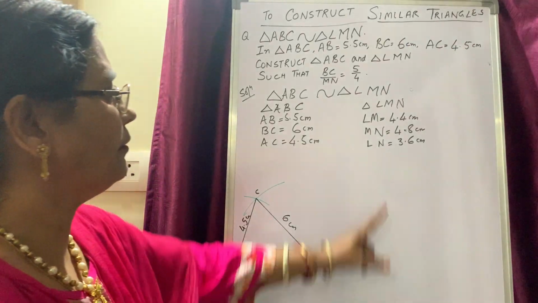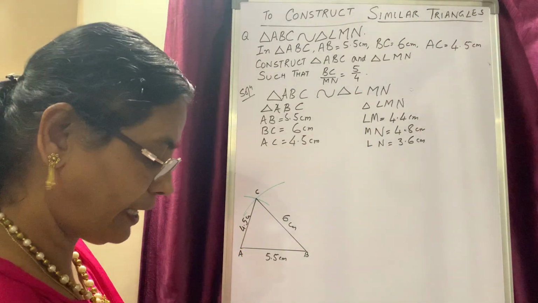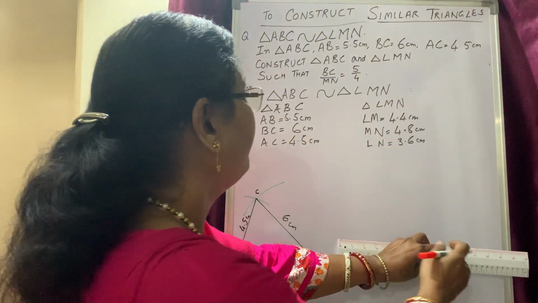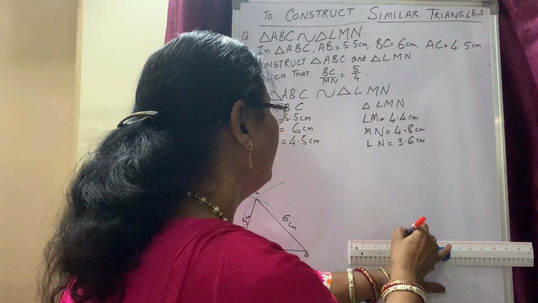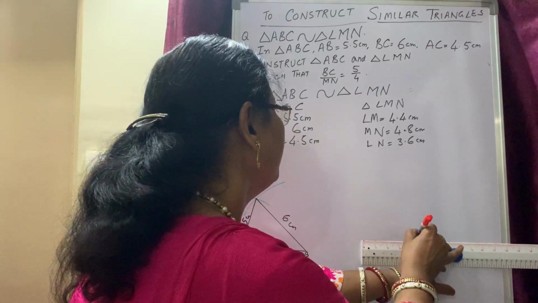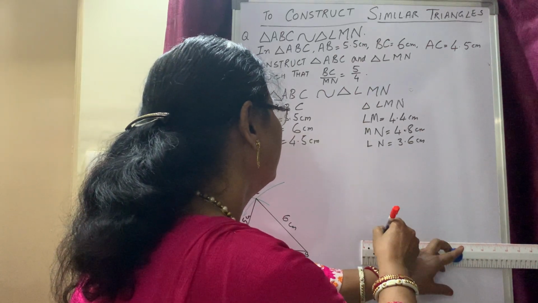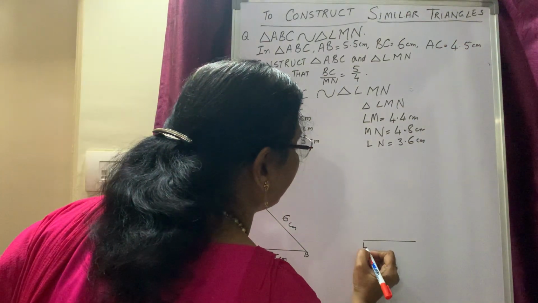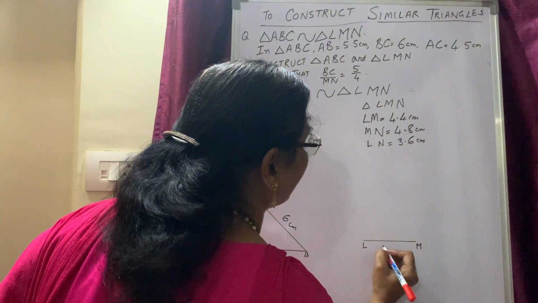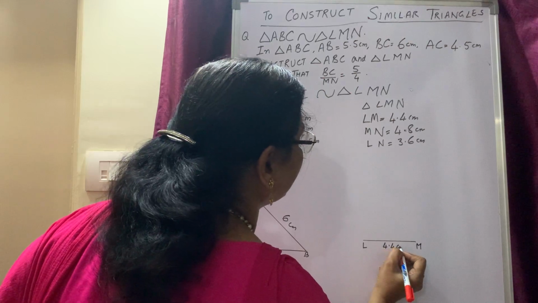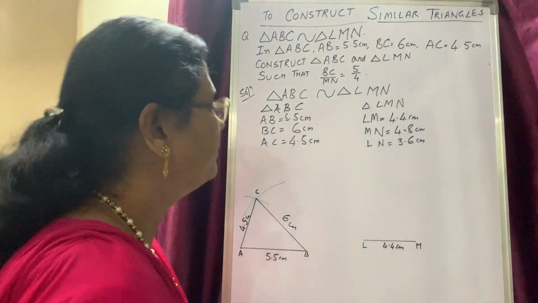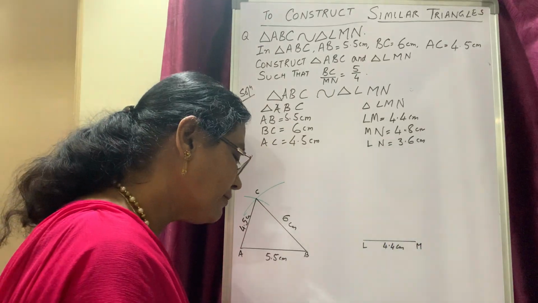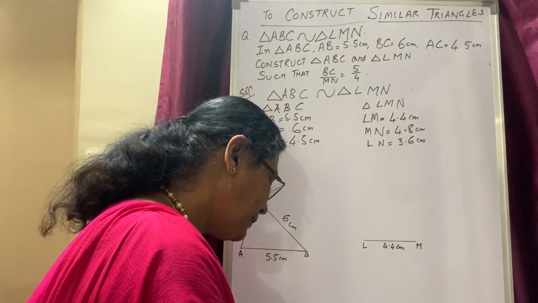Next, we have to draw triangle LMN, which is similar to triangle ABC. For that, LM, we have to take 4.4 centimeter. Again, we will take 4.4 centimeter, LM. Then MN 4.8. In our compass, we will take 4.8 centimeter.